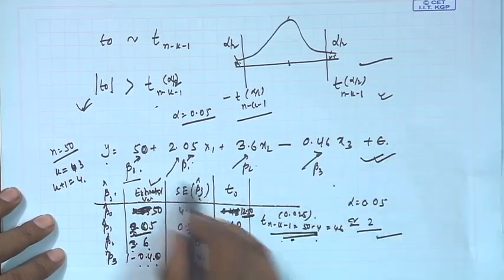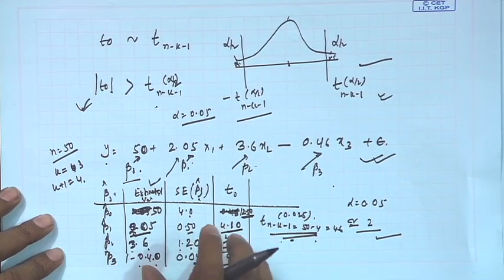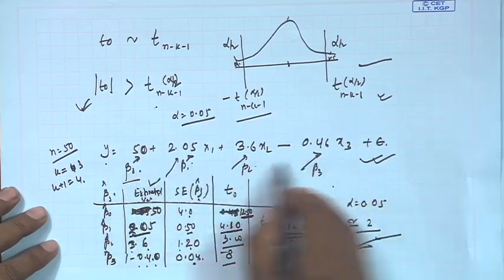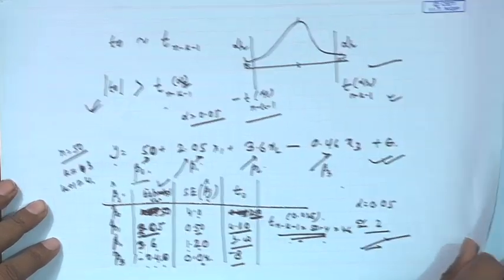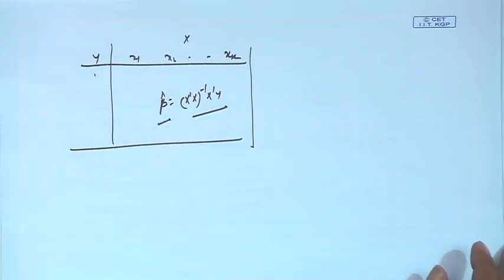Suppose you got this equation and this type of computation, and then this is the result, that all the regression coefficients are statistically significant. This is known as the individual or marginal test. Okay.